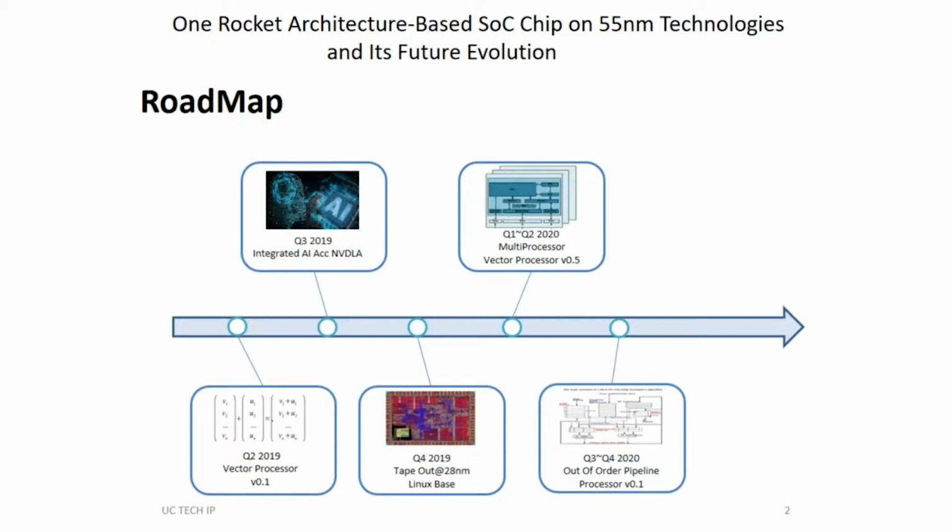We think the performance of the Rocket Chip architecture is not as good as we want. In fact, our customer needs us to do optimization. So the next step, we will do some performance optimization and the vector extension implementation, and integrate an AI accelerator.